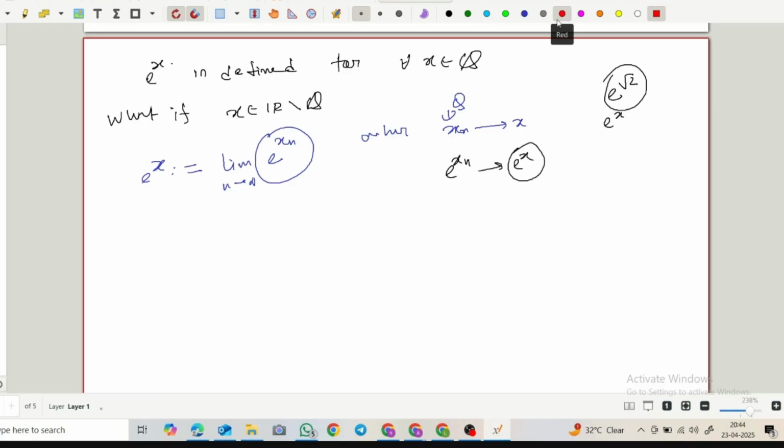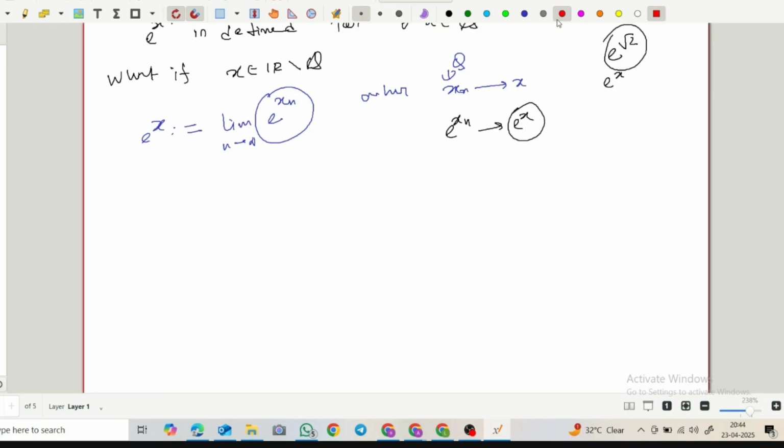So to bypass this, we will do something. See, we have this: if r and s belong to Q, with r less than s, we have e to the power r less than e to the power s, right? That much we have. Now consider this set, call it tau x: e to the power r, such that r belongs to Q and r is strictly less than x.